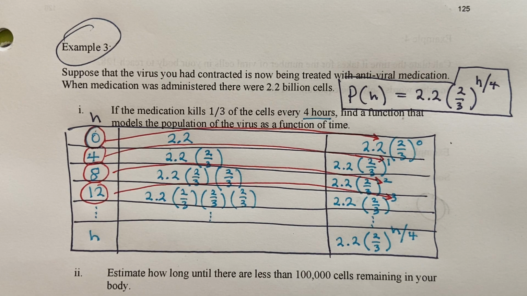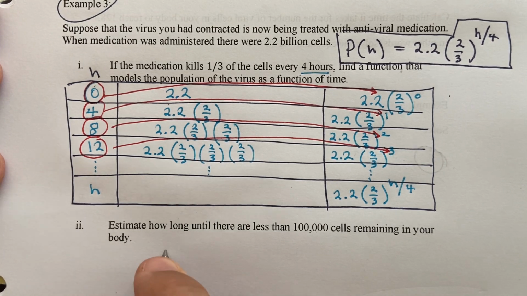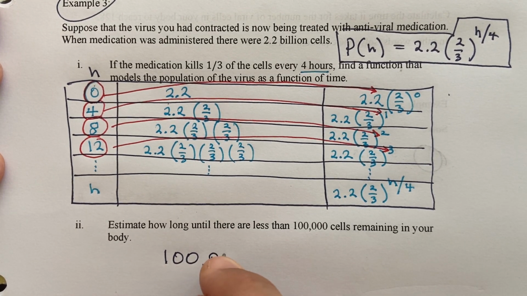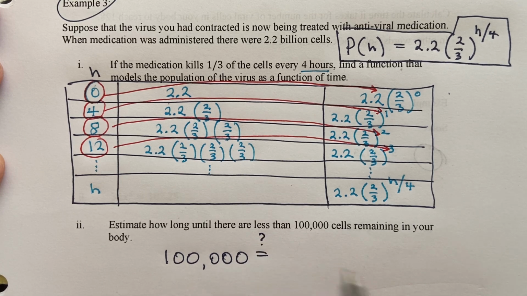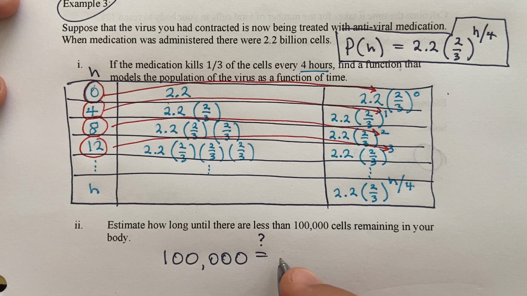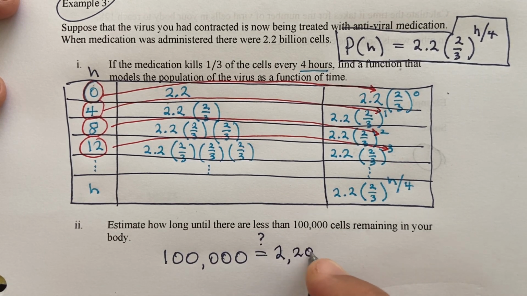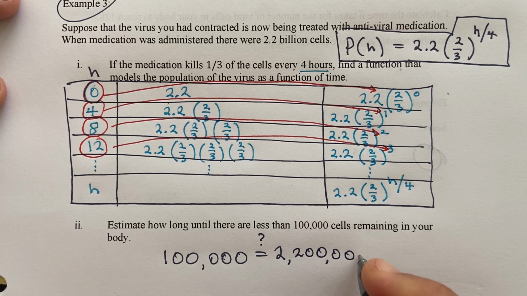Part 2 says, estimate how long until there are less than 100,000 cells remaining in your body. Okay, so what we want to figure out is when this equals, or is about equal to 100,000. I'll just go ahead and write it out in its full glory, this 2.2 billion.